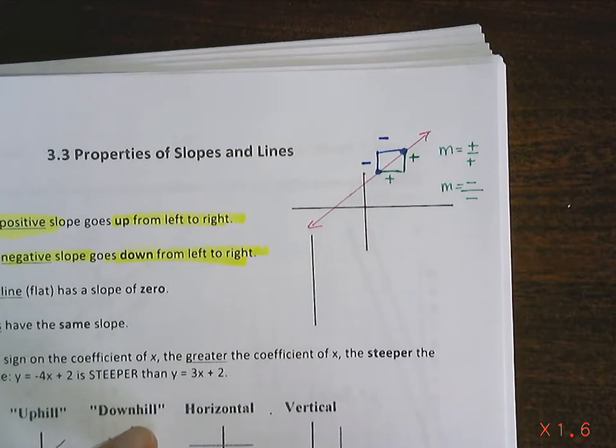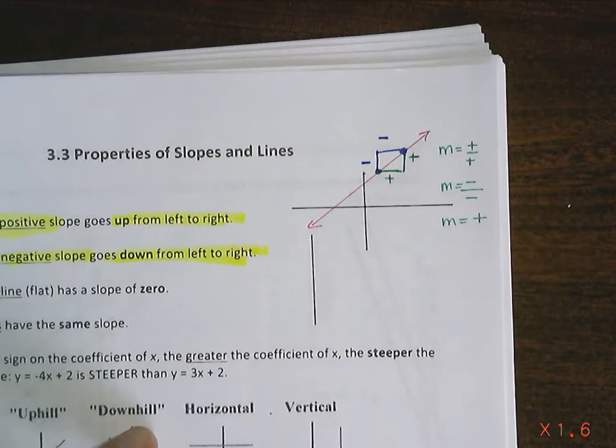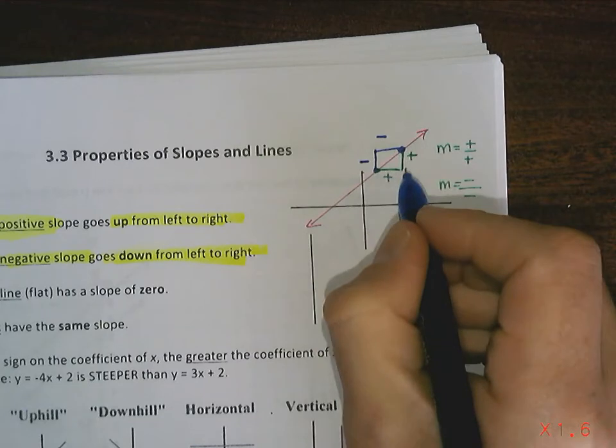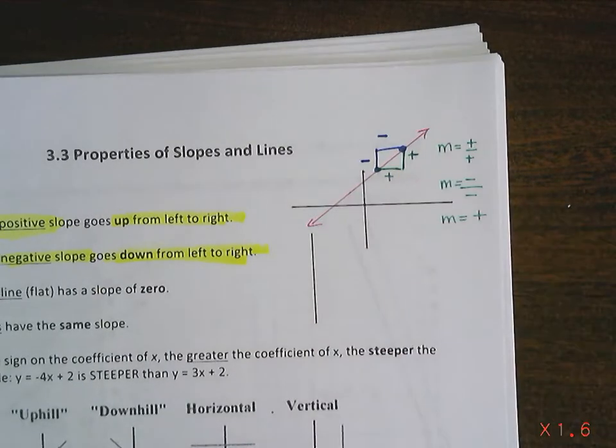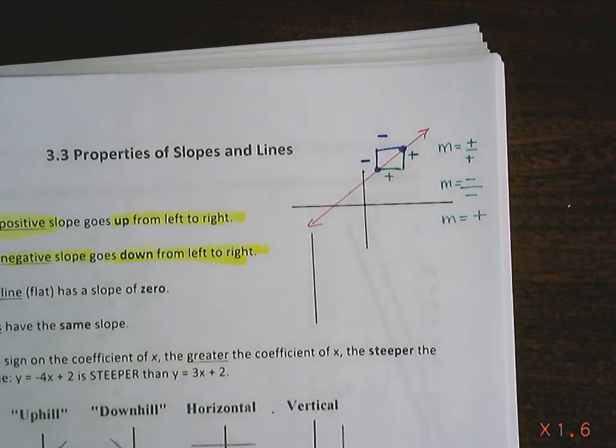But we know that a negative divided by a negative works out to be a positive in the end. So it doesn't matter which way you go. I prefer to go to the right and either up or down. That's my preference, but it doesn't matter. And that's important to know.